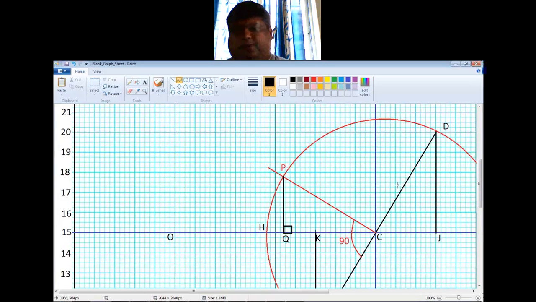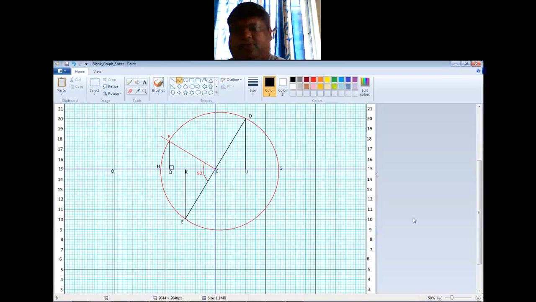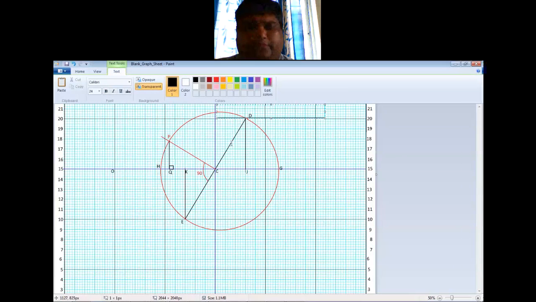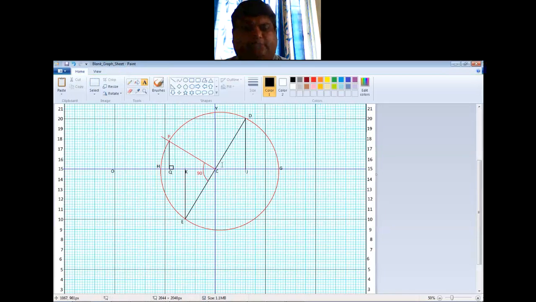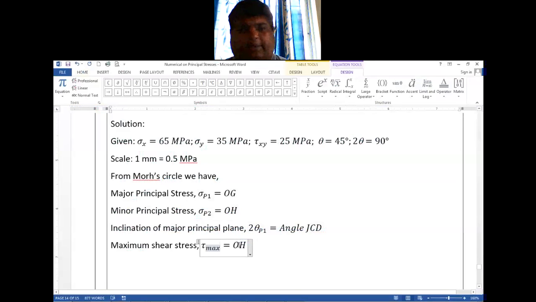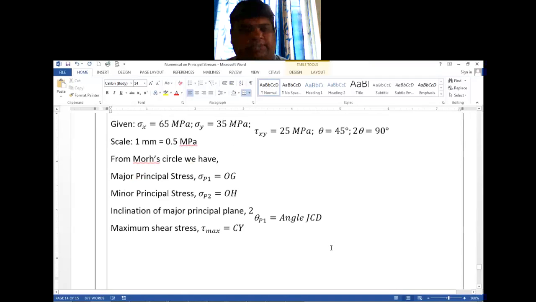So tau max is the radius of this circle. Now what is the radius of this circle? It is CD, right? Or I'll just make another point here as Y. So CY is the radius of the circle and that is the maximum shear stress, CY, tau max.